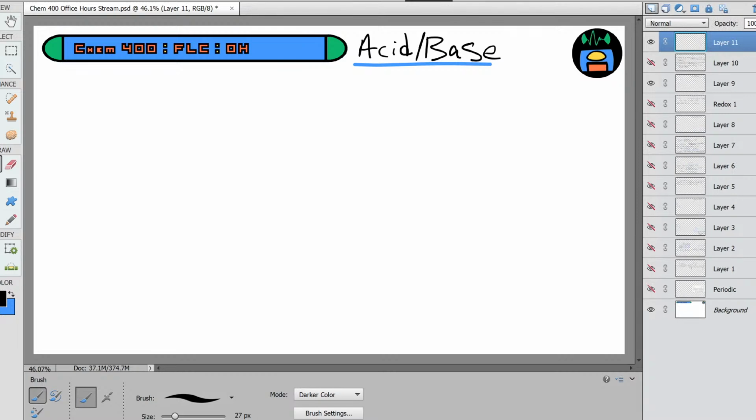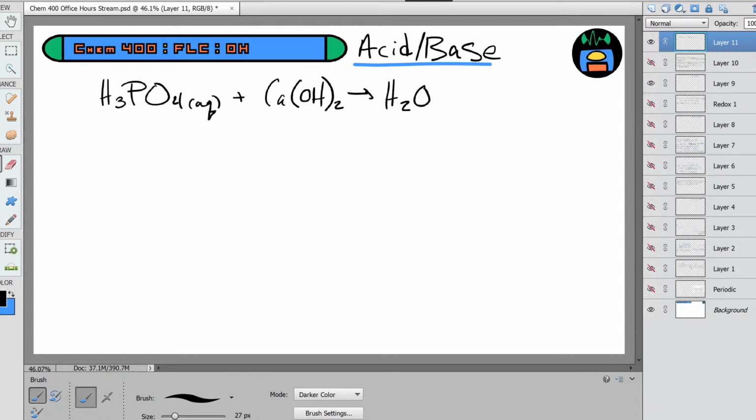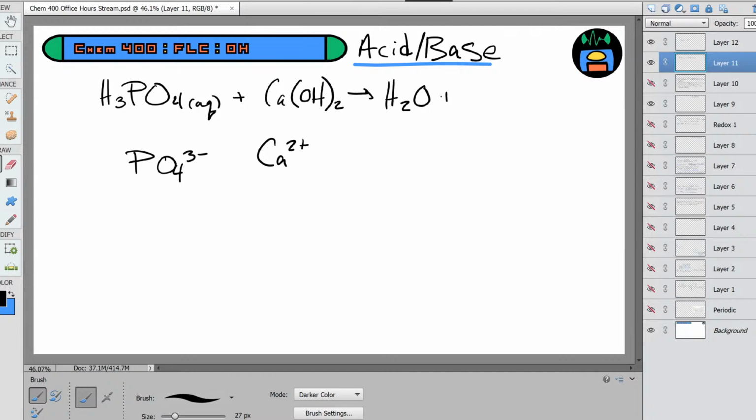So we've got to balance this thing first, and we are dealing with phosphoric acid, which is aqueous, plus calcium hydroxide, producing water plus a salt. Now, the identity of that salt is going to be based on calcium cation and phosphate anion. So these are going to combine like so.